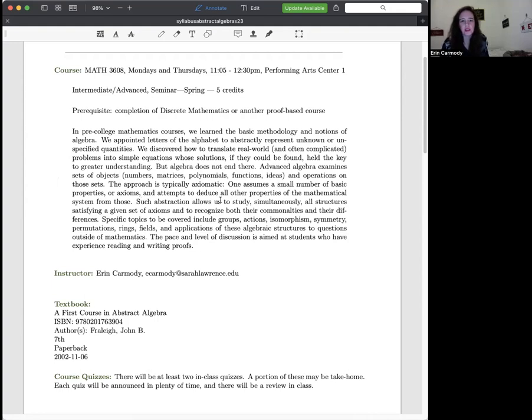Such abstraction allows us to study simultaneously all structures satisfying a given set of axioms and to recognize both their commonalities and their differences. Specific topics to be covered include groups, actions, isomorphism, symmetry, permutations, rings, fields, and applications of these algebraic structures to questions outside of mathematics. The pace and level of discussion is aimed at students who have experience reading and writing proofs.